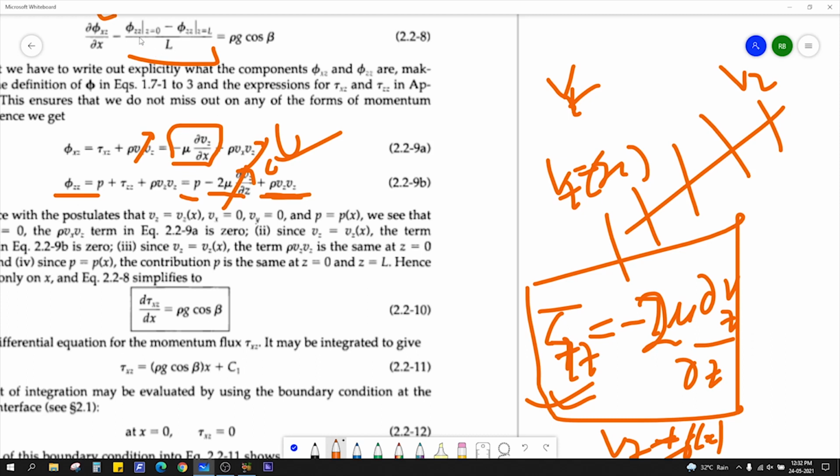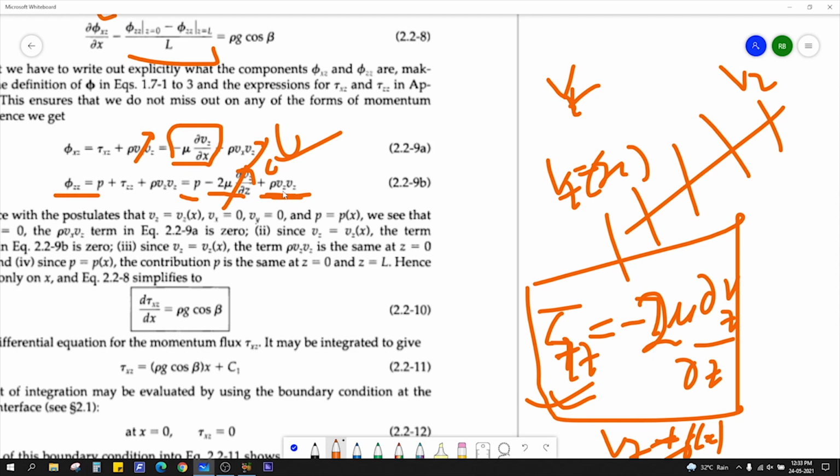So this formula is now P plus rho Vz, right? So phi z at z equal to 0 is P plus rho Vz at z equal to 0, minus P plus rho Vz at z equal to L. Now these are both the same because Vz is constant.